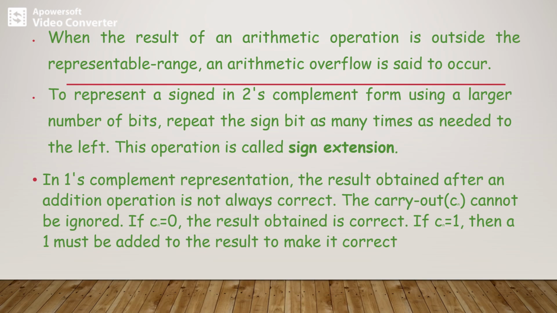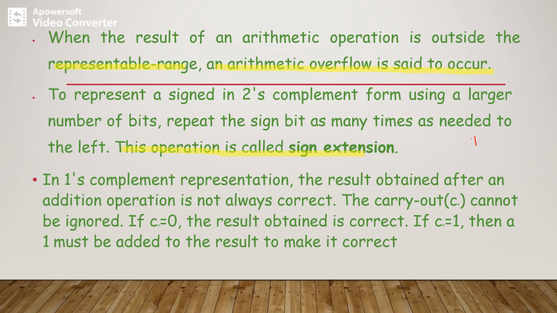To represent a signed number in 2's complement form using a larger number of bits, repeat the sign bit as many times as needed to the left. This operation is called sign extension. Suppose I am having minus 7.